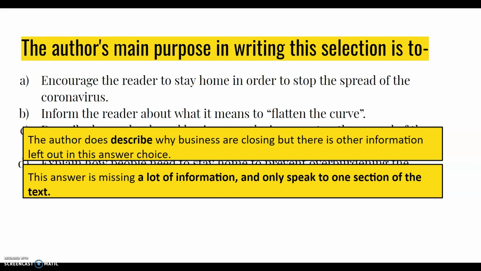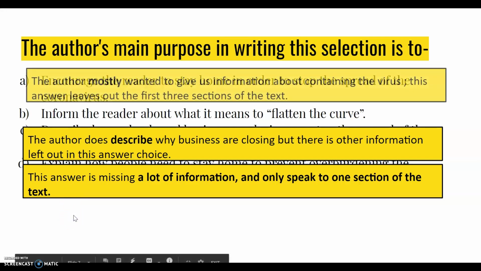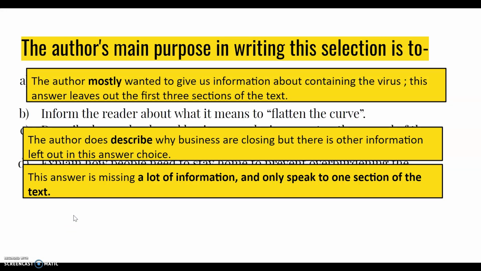We're now stuck between A and B. Well, the answer choice is B, and the reason why it's not A, which many of you chose, although the author mostly wanted to give us information about containing the virus, this answer leaves out the first 3 sections of the text. Therefore, B, the author mostly wrote this text to inform the reader about what it means to flatten the curve.